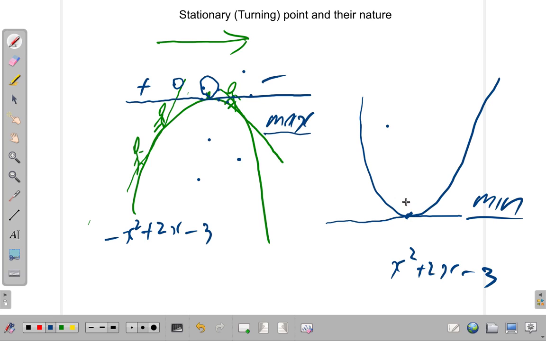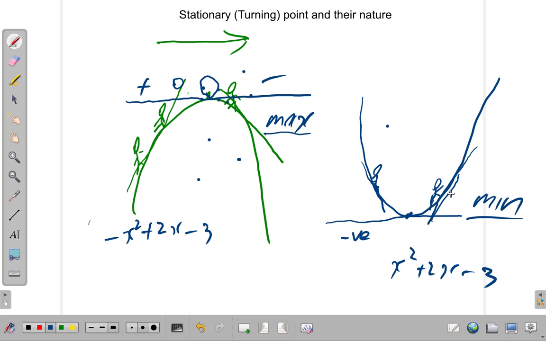It's also a turning point, because if you want to move from left to right, you'd have to climb down this hill, going down and down, meaning you have a negative gradient. So the gradient is negative on the left of that point. Then when you reach over here, you'd be climbing up the hill, so the gradient is positive.